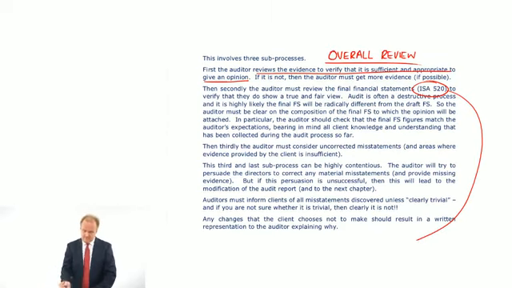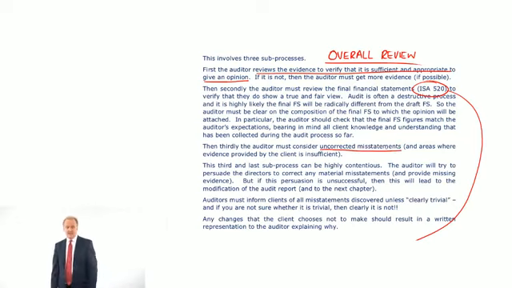Thirdly, uncorrected misstatements. Now, during the audit, we will have discovered mistakes. If we find one mistake and it's material, we will have asked the client to put it right. But we will also have found other smaller mistakes that individually are not material.